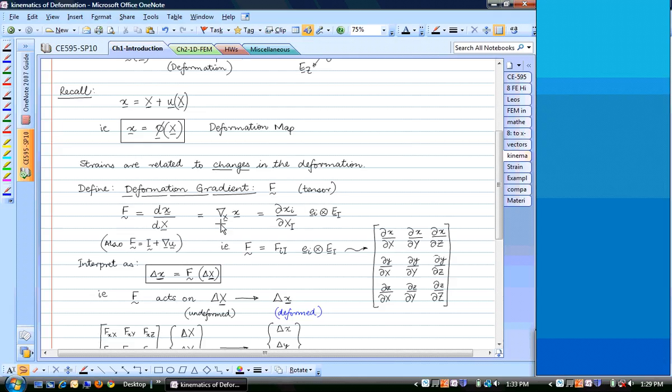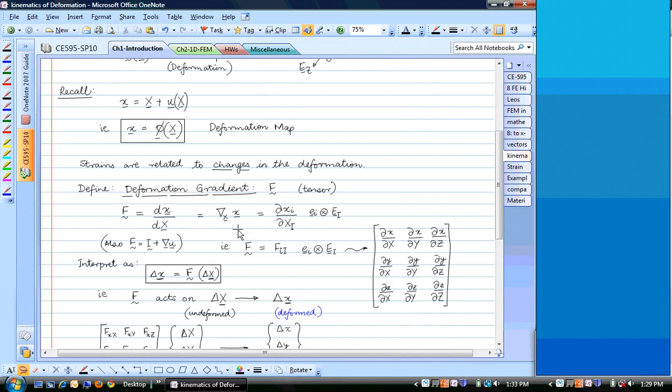The way that this tensor is denoted is with a notation that is a derivative of x in the final configuration with respect to x in the initial configuration. Now you might be wondering how you take a derivative of a vector with respect to another vector, but don't worry about that. This is just a notation.